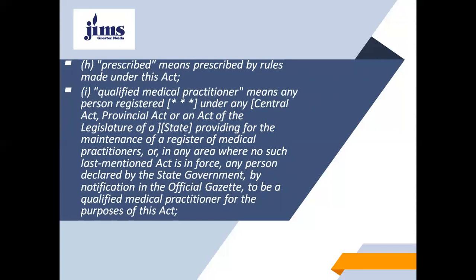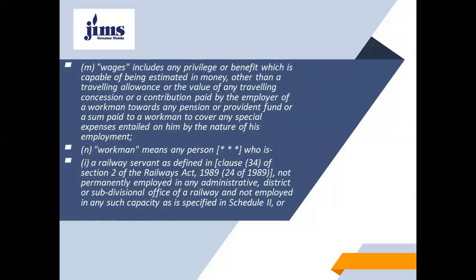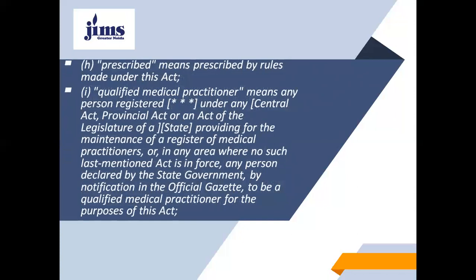And then there is an important definition given under section 2(1)(l), and that is related to total disablement, which talks about total disablement, whether temporary or permanent, that incapacitates an employee for all work which he was capable of performing at the time of the accident resulting in such disablement.